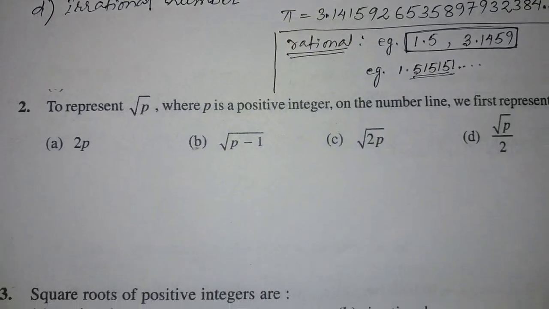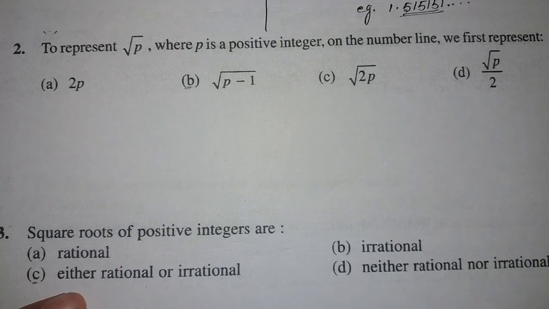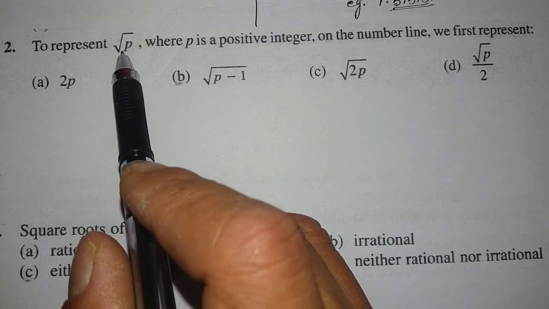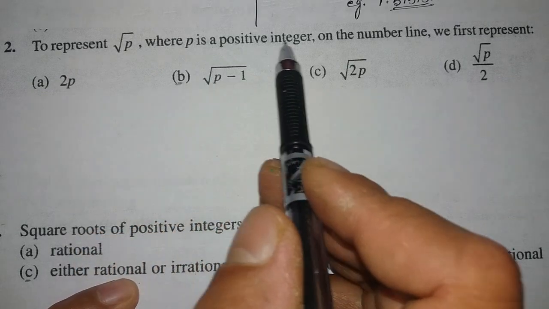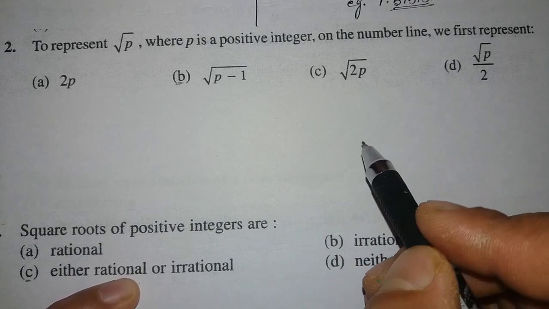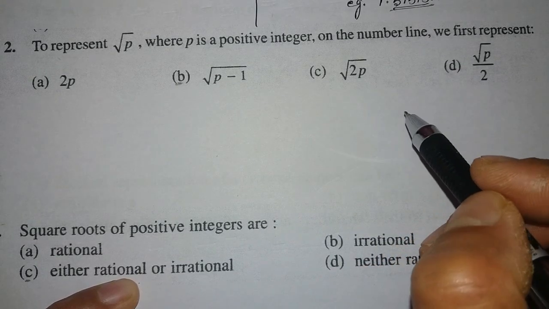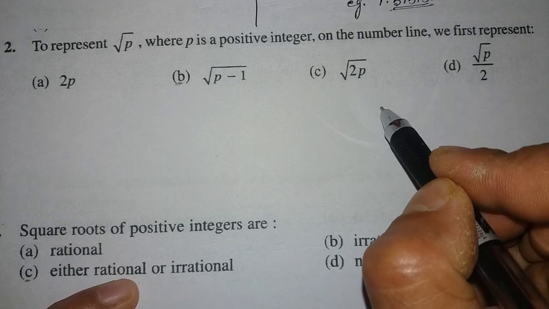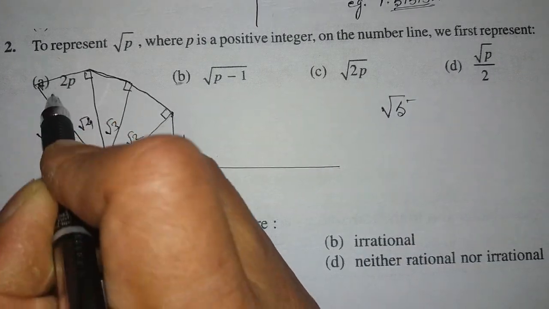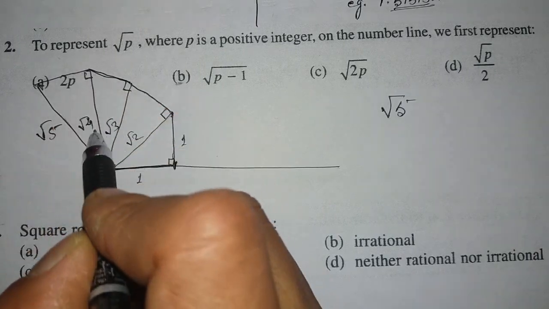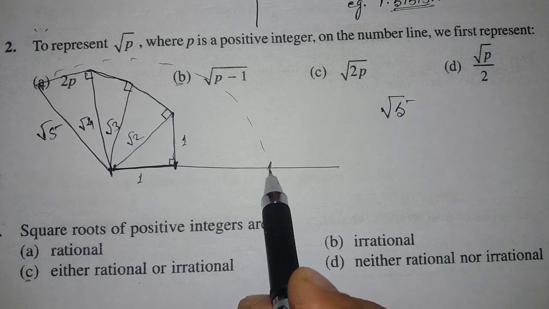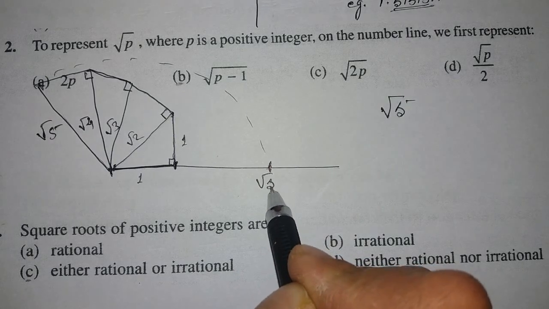Now question number 2. To represent square root p, where p is a positive integer, on the number line, we first represent... I'm going to take an example here. Let's try to represent square root 5. How long this particular line segment is, you will measure with your compass, and then when you do like this, you will get somewhere here. Now this represents square root 5.